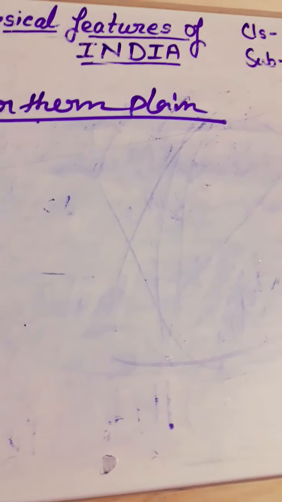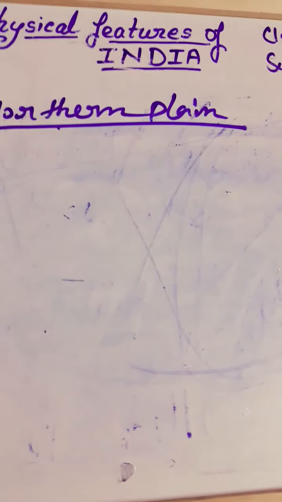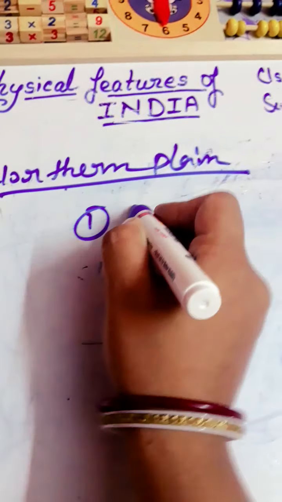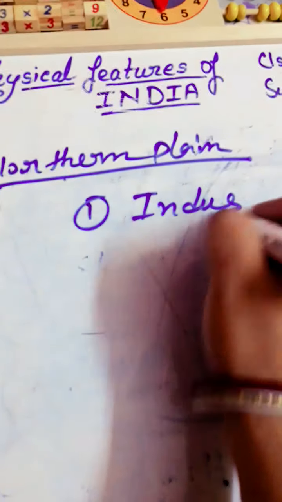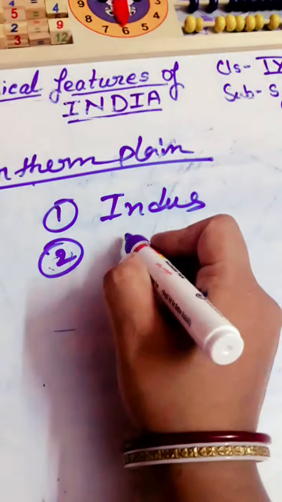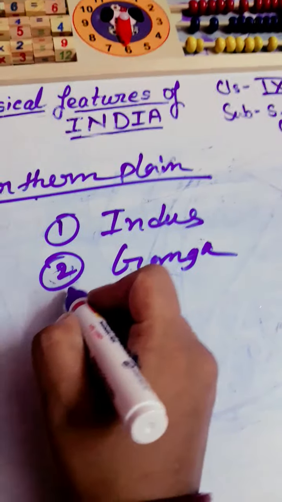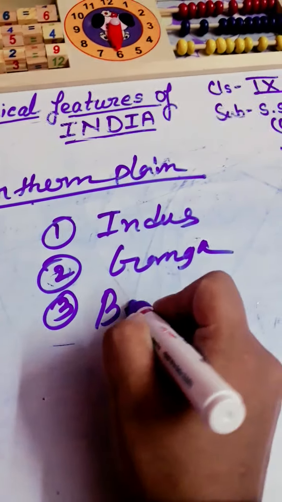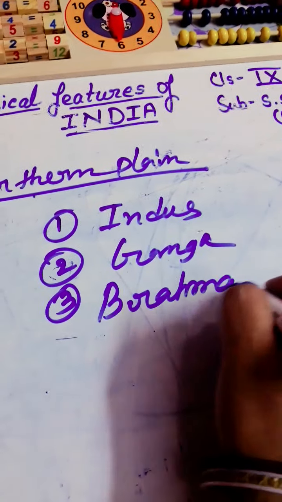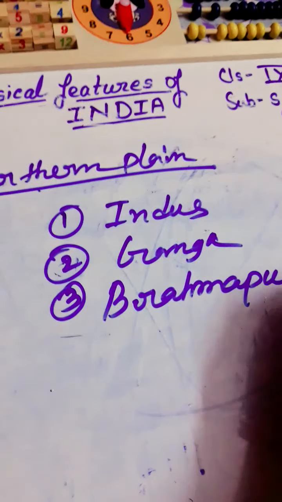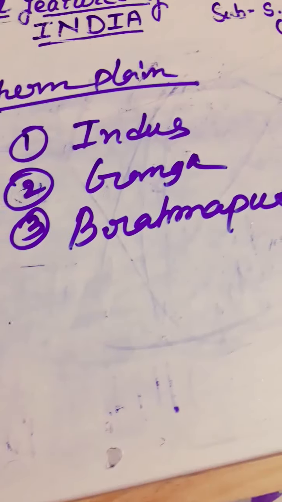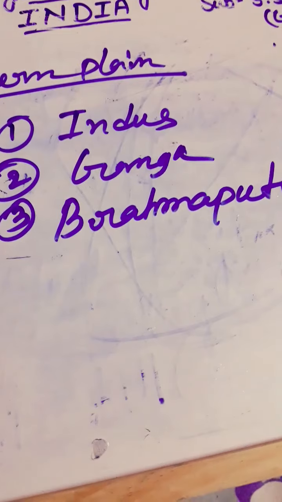And there are three major river systems, namely number 1 the Indus, number 2 the Ganga, and number 3 the Brahmaputra. These are the major three river systems.